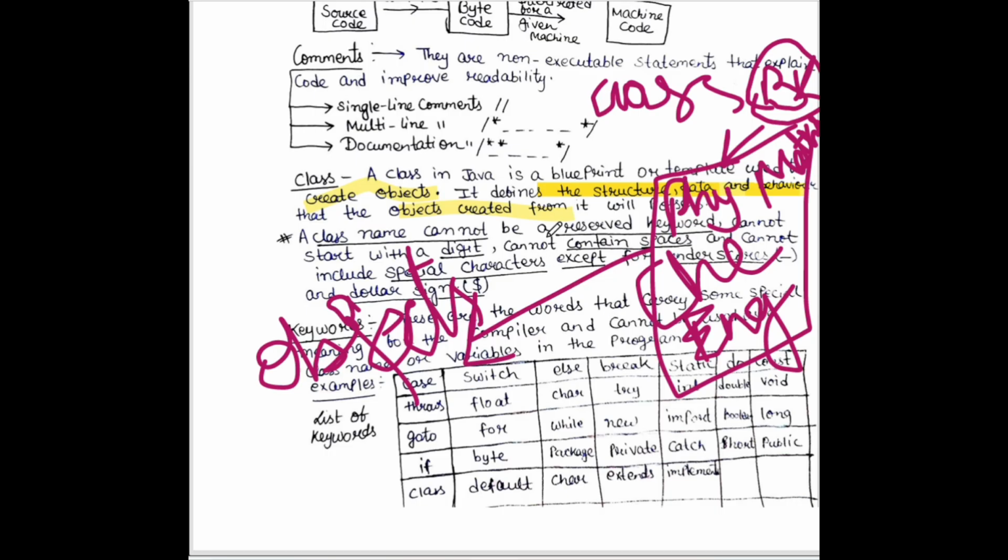So a class in Java is a blueprint or template used to create objects. Okay. Class is one, but objects can be many. Suppose class dog. Dogs are many, German shepherds and many others. I don't know their names properly, but many categories of dogs are there, bulldogs, all dogs.